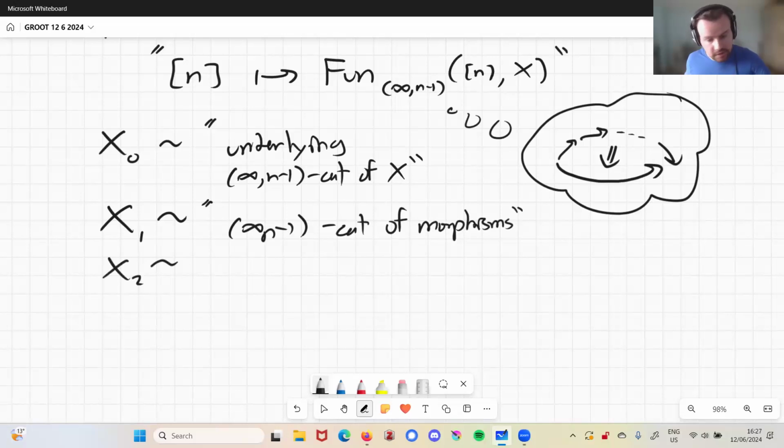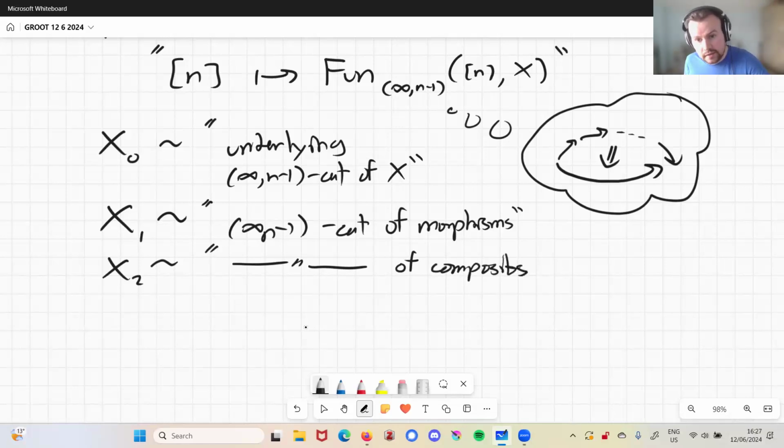X2 then becomes a little bit more interesting. We'll interpret this as the infinity n minus 1 category of composites, so diagrams like this, where we've got two morphisms, f and g, a composite, and some witness to the composition.